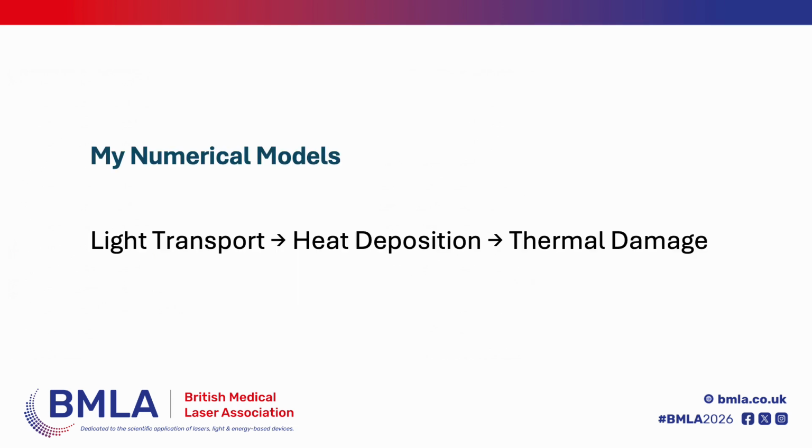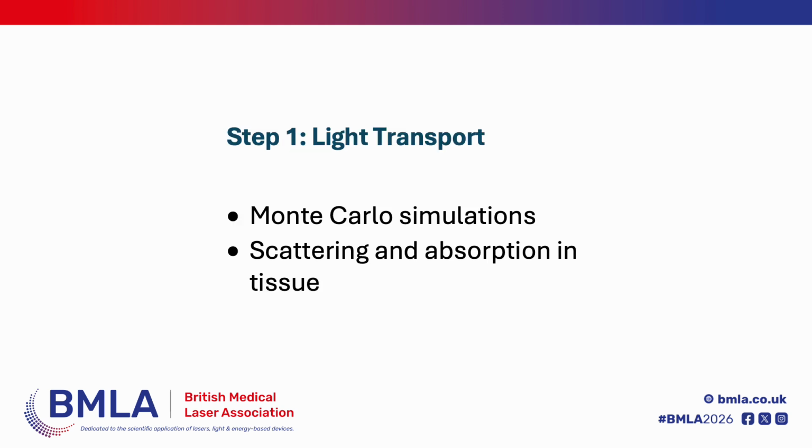So I generated some numerical models. Firstly, a light transport model using Monte Carlo simulations, followed by the heat generation model, and then finally the Arrhenius thermal damage model. So the first step was to look at where all the light energy goes in the skin. So we used Monte Carlo for this. In fact, I used 2 different Monte Carlo engines to compare.